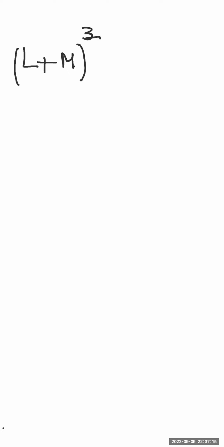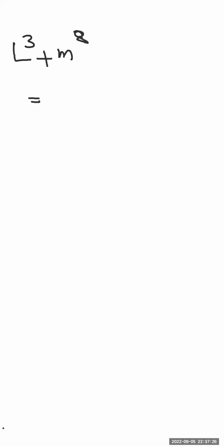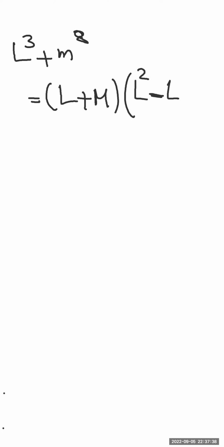So I will write it separately first, like this. L cubic plus M cubic equals what? Equals L plus M times first squared, L squared, change the sign, minus first times the second, plus second squared. Correct? This is the factorization of the sum of two cubes.